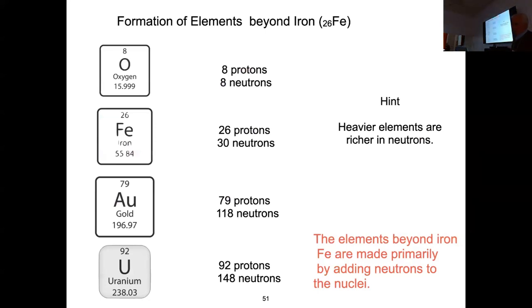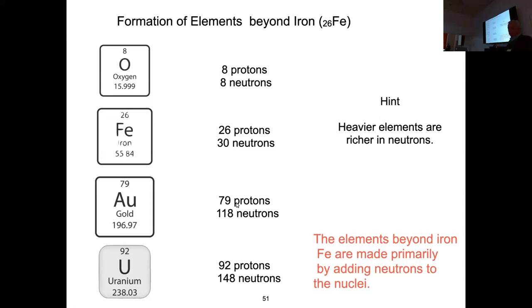Okay, now let me go beyond iron, because I'm racing here, so I'll take some questions in a few minutes, okay? But how do you get beyond iron? And I think here's a hint. If you look at oxygen, it has 8 protons and 8 neutrons. Then you get to something heavier like iron, it has 26 protons and 30 neutrons. Now there's other isotopes, but that's the abundant one.